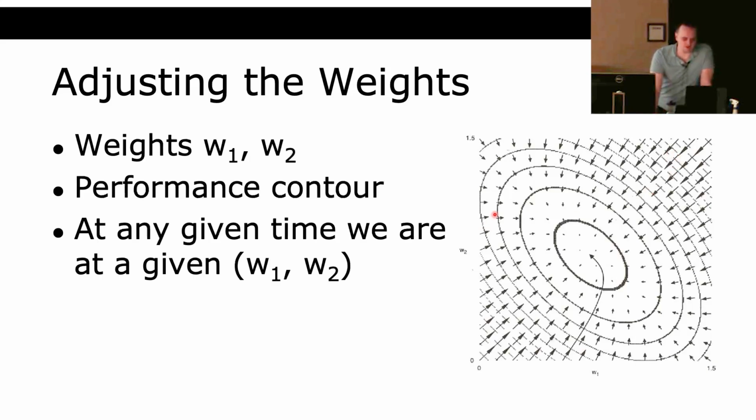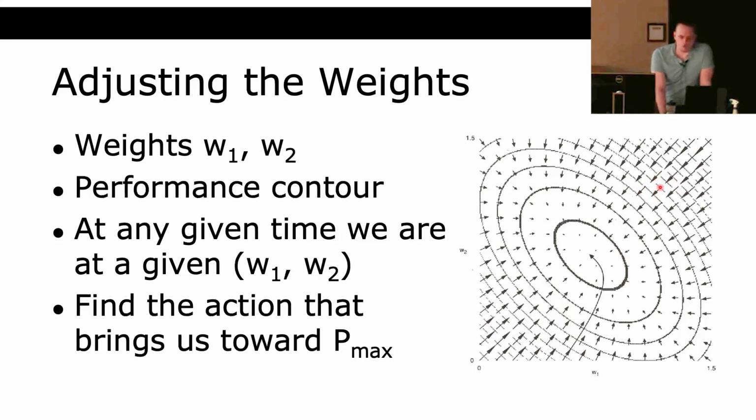So at any given time, we are at a given W1, W2. So we might be up here in the top right, for example. What we're going to do is compute the error and try and find the direction that those x1 and x2 should head in to find the optimal W1 and W2, okay? So we're right here, for example.